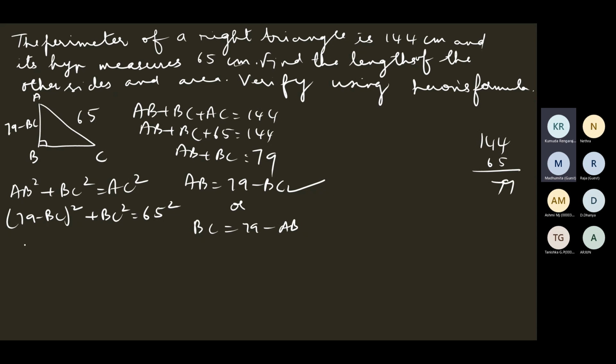Okay, let's continue this. What is 79 square, children? 6241.